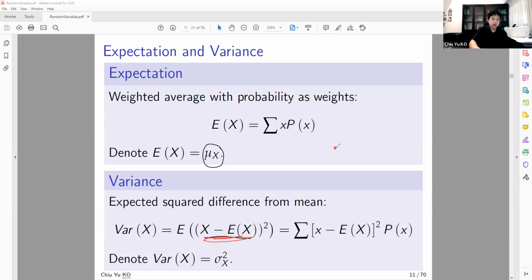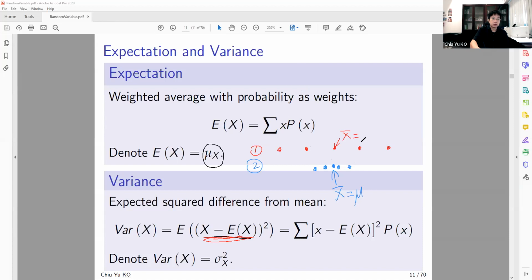Suppose we have two distributions. So this is one. The mean is here, for the first case, and consider the second case. The mean x bar is here, using the notation mu of x.